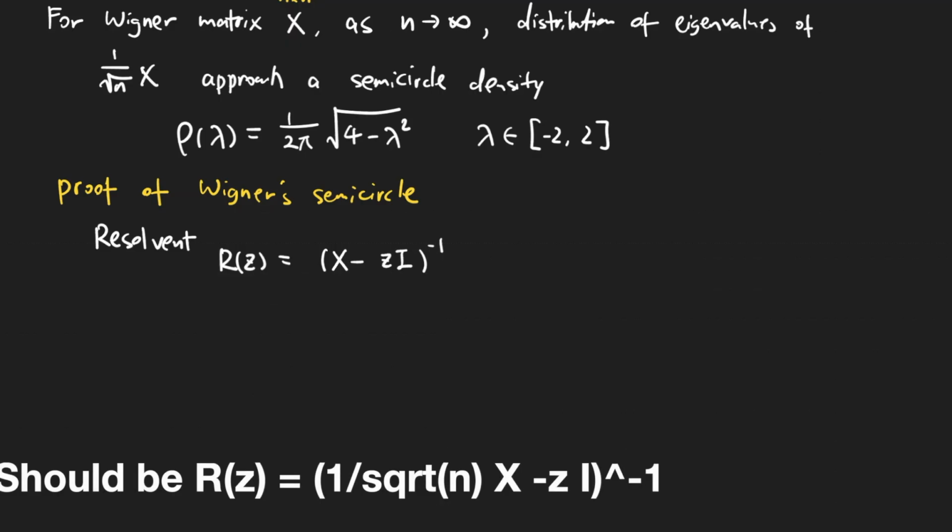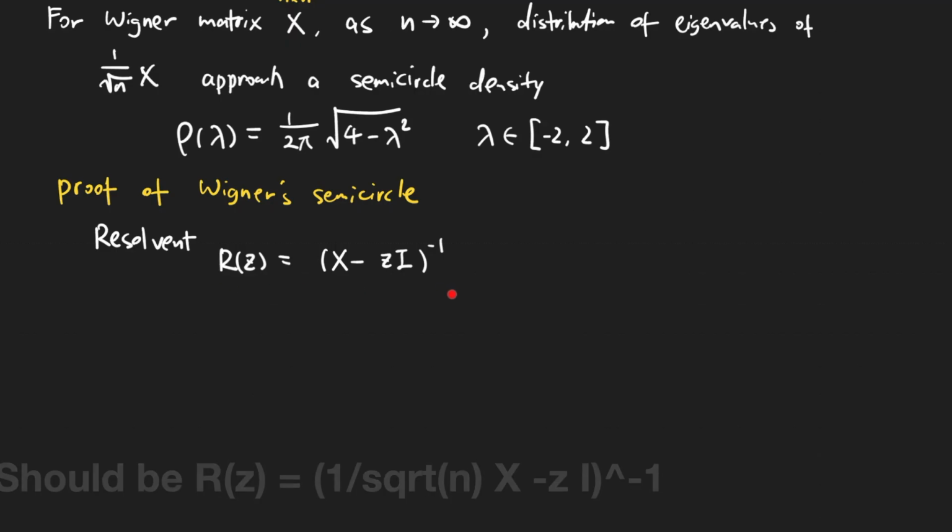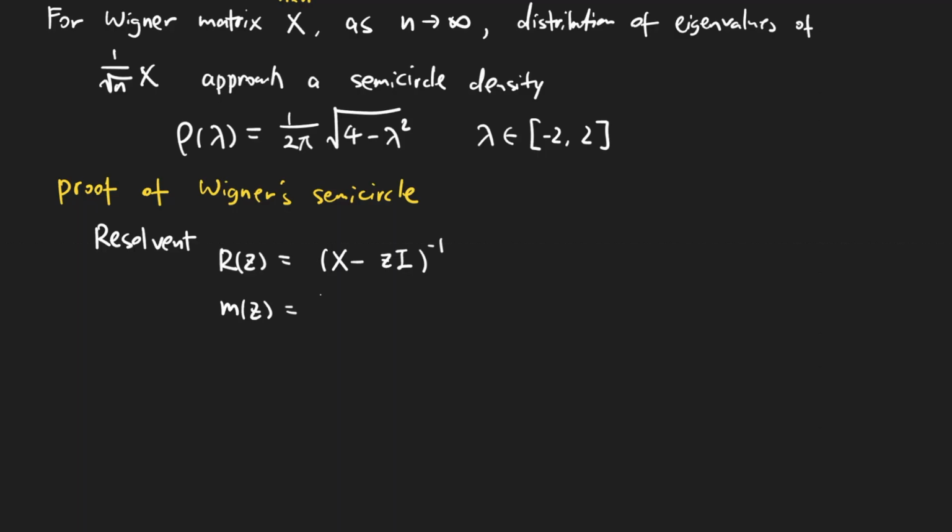So it turns out that the distribution of the eigenvalues can be revealed by the resolvent. And then we also want to define m of z to be 1 over n times the trace of the resolvent. So that equals 1 over n times the sum.